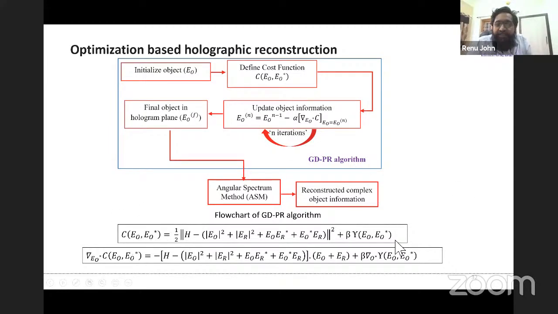In addition to this, we can also have some parameters which we normally call a penalty factor. We can add a beta there, which would tweak our optimization algorithm so that we get the best results out of it.